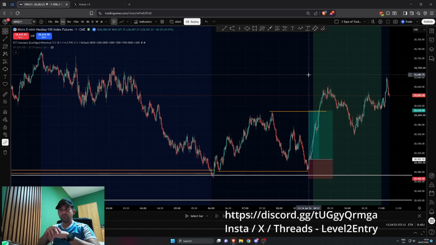Just a quick recap. We start from deciding the bias for the day. As I have shown you earlier, we mark key liquidity points on the 4-hour and 1-hour, and once price goes below that 1-hour or 4-hour liquidity point, we look for the bullish movement.